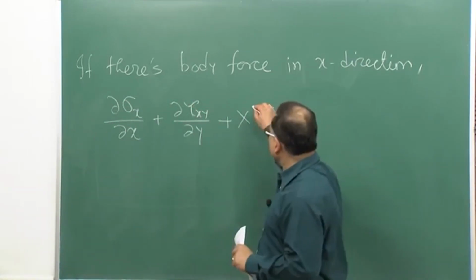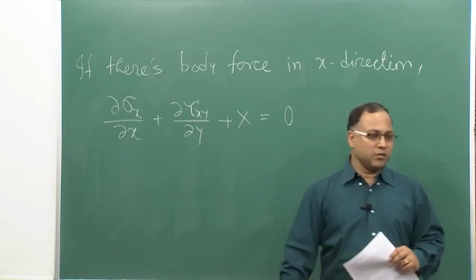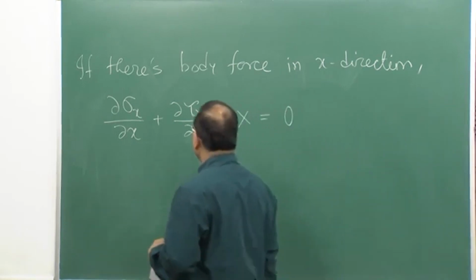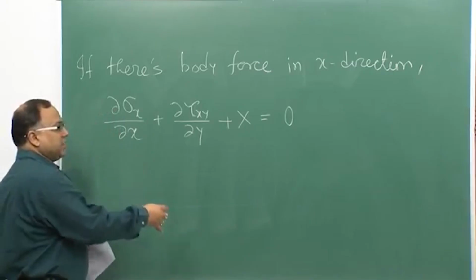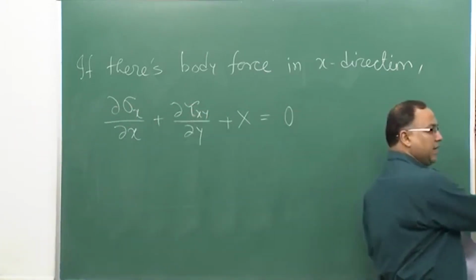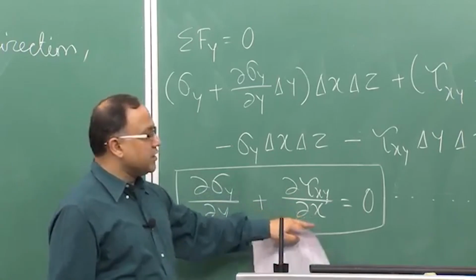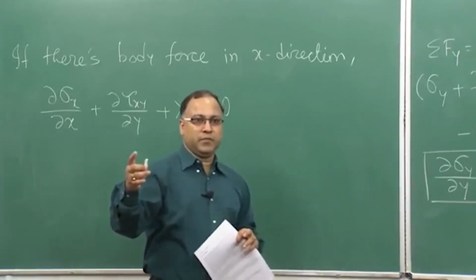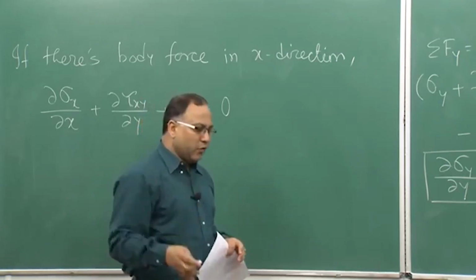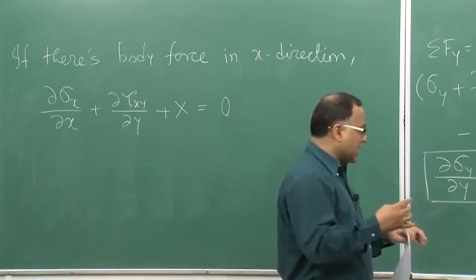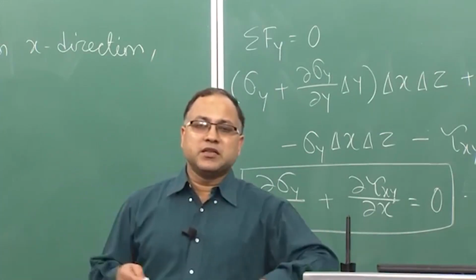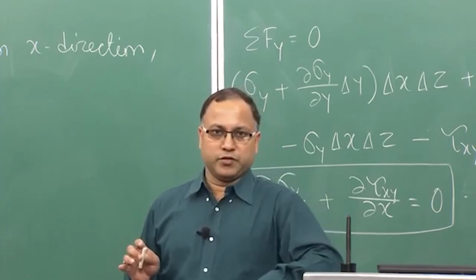This is the extra term which comes into the picture due to the consideration of body force. Similarly, equation 2 will be modified as del sigma y by del y plus del tau xy by del x plus Y, where Y is the body force along the y direction. So, the equations of equilibrium will be modified by considering the respective body force.